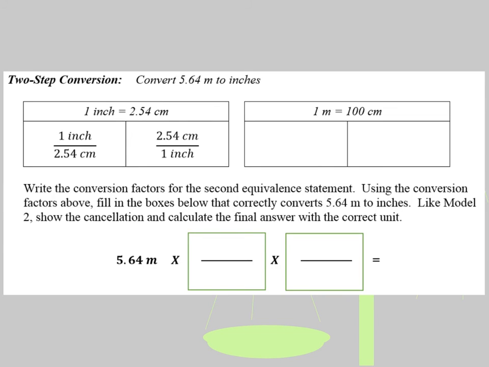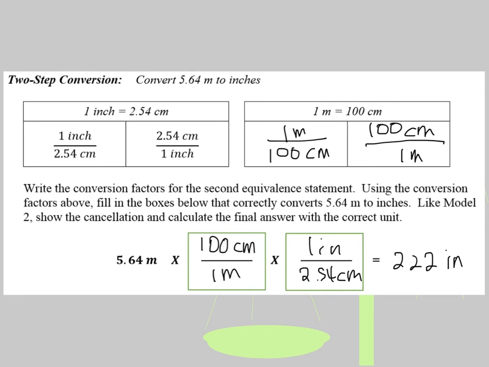Pause here and do your work, and then unpause when you are ready to check your work. So you should end up with 222 inches, and this is the correct setup for your conversion factors.